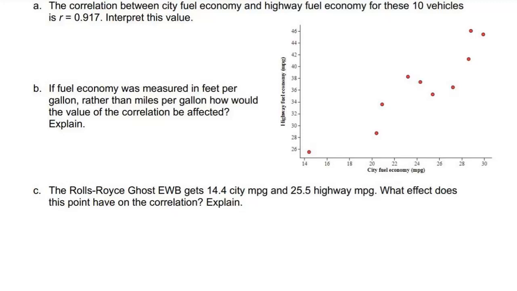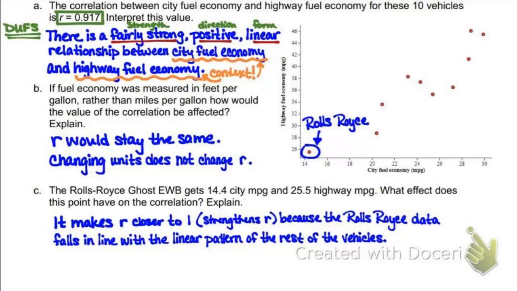Do you guys think that's in the linear pattern or not in the linear pattern? I would say it's in the linear pattern. My line would go right here. If it was a point over here, I would say that would weaken it. It is overall in that linear pattern.